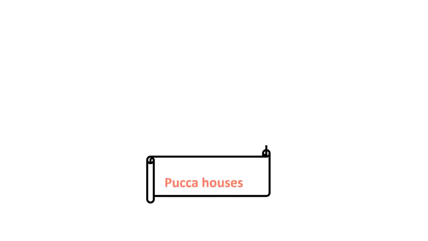Whereas few houses that last for many years, such houses are called as Pakka houses, and they are also known as permanent houses.